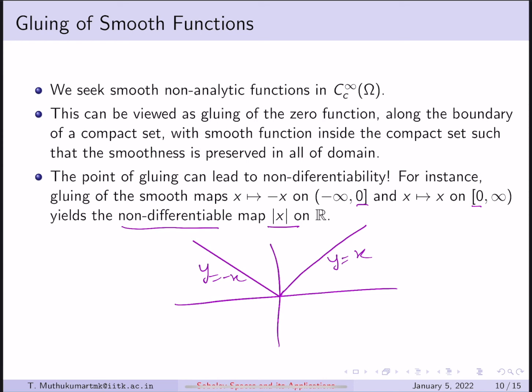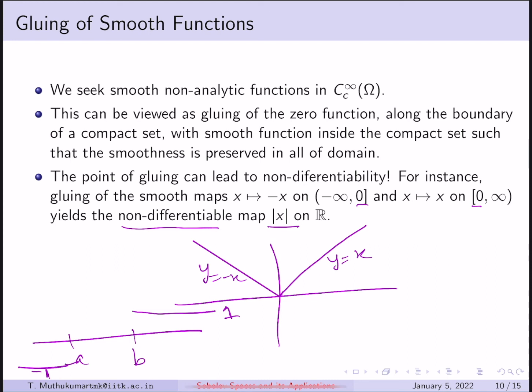So attaching in such a way that you don't break smoothness is very important, and that's not something you can do very easily. For instance, if I take an interval AB, let's say, and on the right side of B the value of the function is 1, and on the left side of A the value of the function is, let's say, minus 1.